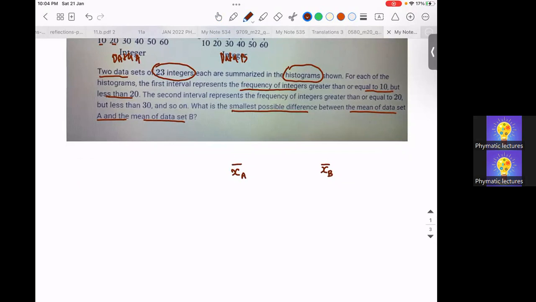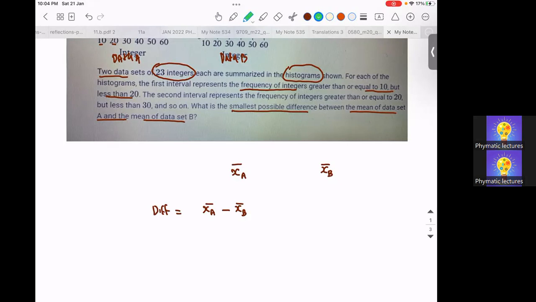So we need to find the difference. What is the difference? It is the difference between the mean of data set A and data set B. Am I right? Okay, but there is also one condition: smallest possible difference.